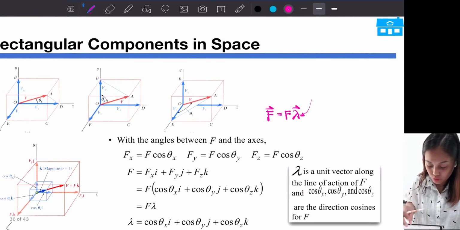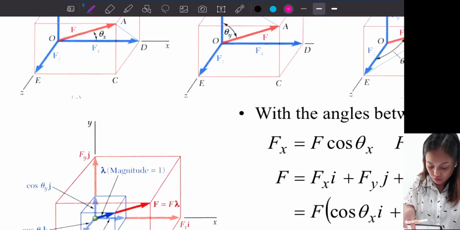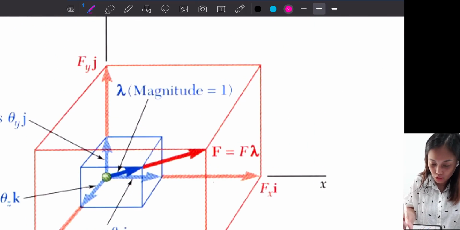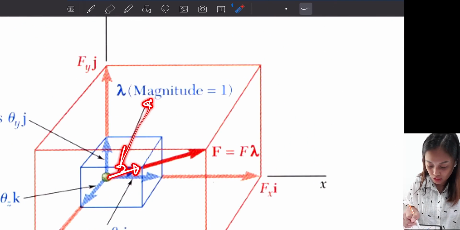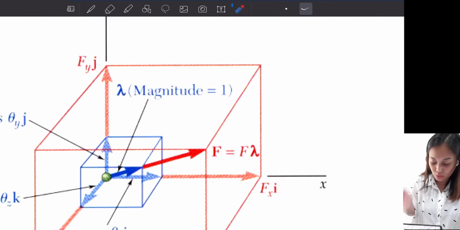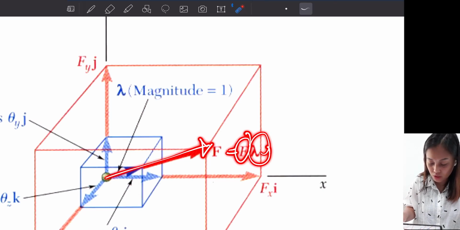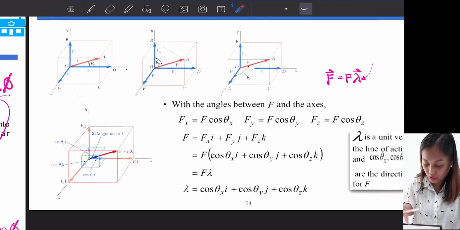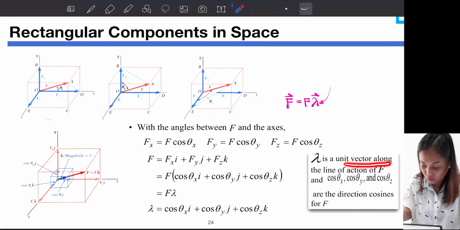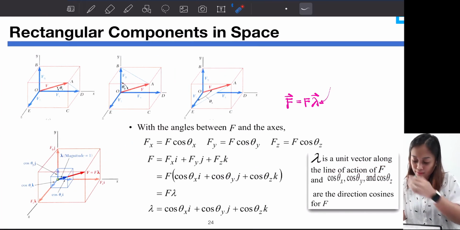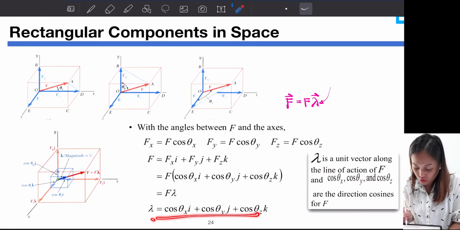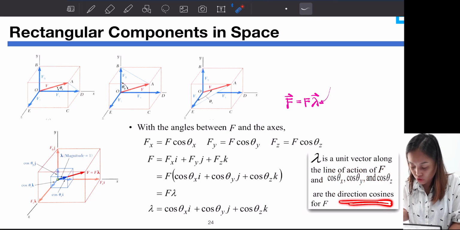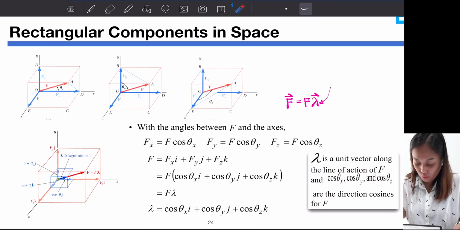Lambda is the unit vector, with a magnitude of 1. To get this vector F, you take the scalar value times its lambda, where lambda is the unit vector along the line of action of F. From its equation, cosine theta x, cosine theta y, cosine theta z are called the direction cosines for vector F.